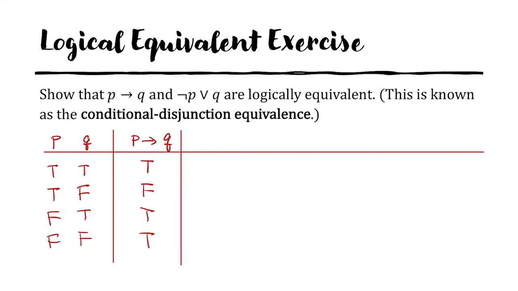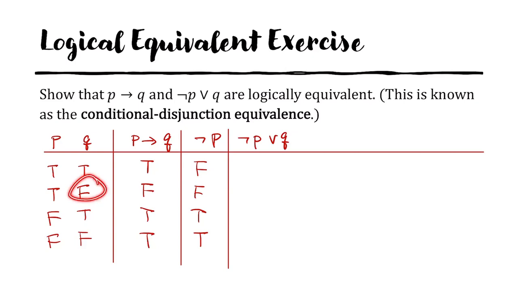Then we need to construct not P or Q. So we need to construct not P. So not P will be false, false, true, true. And then we will have not P or Q. And we know the disjunction is only false when both of your variables are false. Otherwise, it's always true. So you have false, then true, true, true.